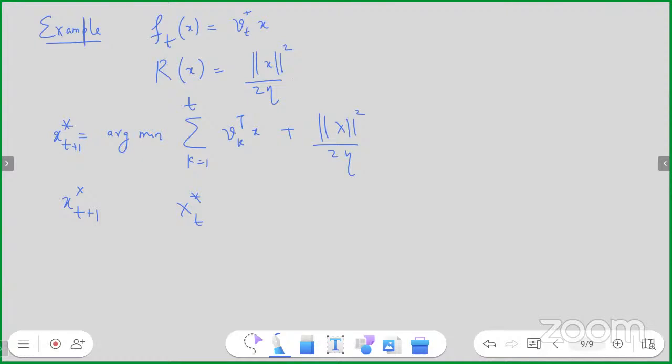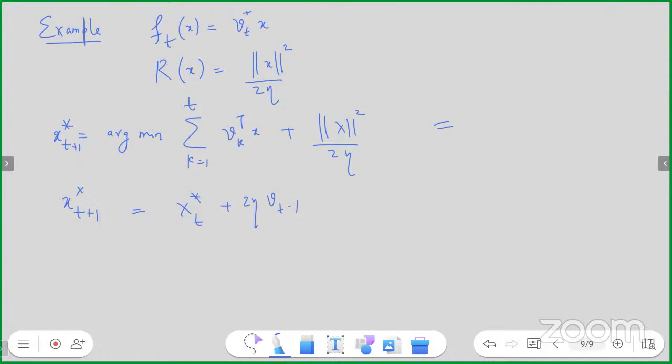Let's do it the brute force way. What will this look like? Argmin. xt plus 1 star is xt plus 2 eta vt minus. Okay, what is the answer here? We'll come back to that.